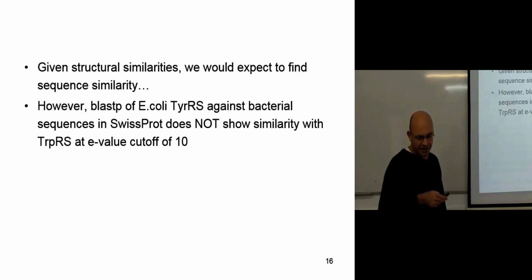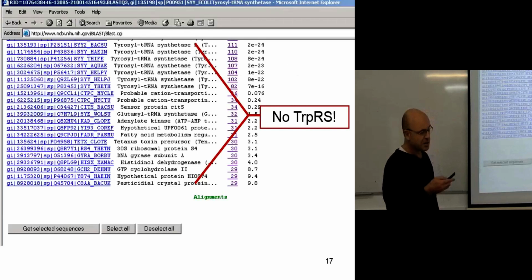But the BLAST of the two proteins, or of one of the proteins, let's say we took the tyrosyl tRNA synthetase, never actually was able to discover this similarity. So this is the top list of the hits which were detected. You see, this is the e-value. Remember that a small e-value is better, more significant.